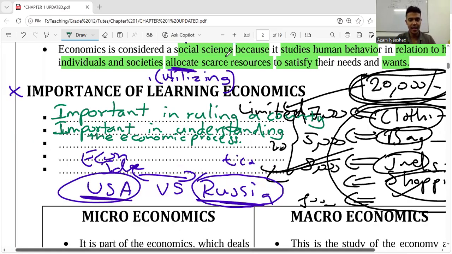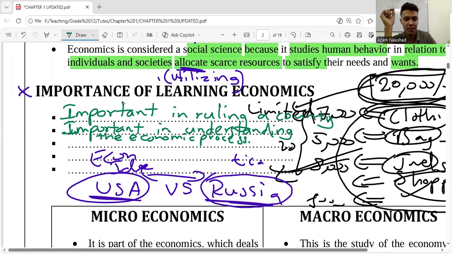Definitely, economics would help a ruler, or the president, to rule his country in a nice way. And it is also important in understanding the economic process, how an economy runs, or simply how a country is running.